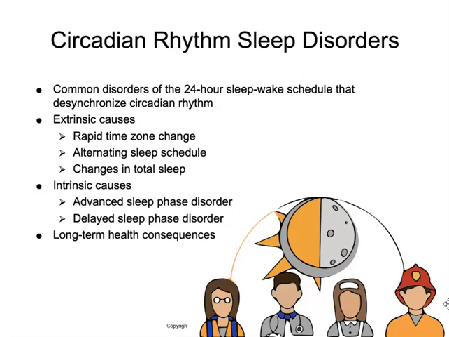So these disruptions can have long-term health consequences that would include things like risk of metabolic disorders, cardiovascular problems, and mental health issues. So we want to do a treatment that will involve adjusting sleep habits and light exposure so we can realign their circadian rhythms.